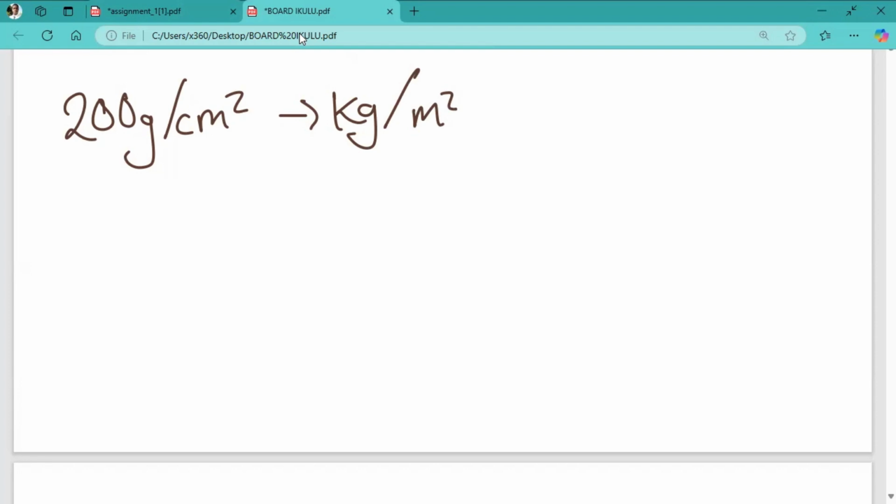So I'll say my 200 grams over square centimeters multiplied by, we are converting grams to kilograms.